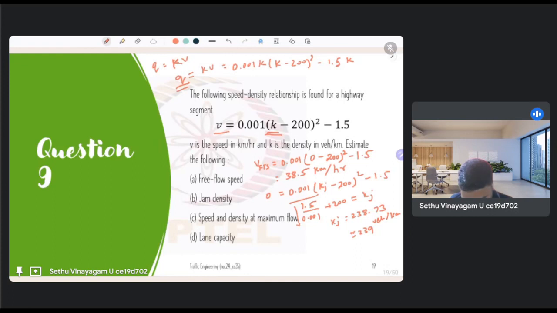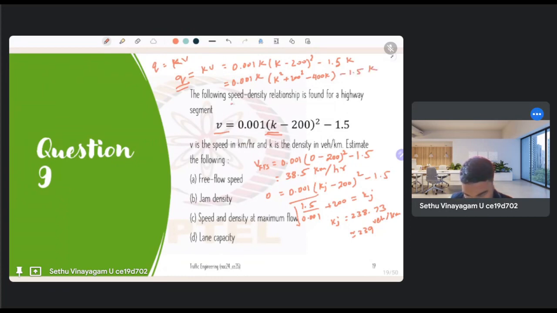So if we do this, first let's expand this 0.001 k into k minus 200 squared. So k squared plus 200 squared minus 400k minus 1.5k.